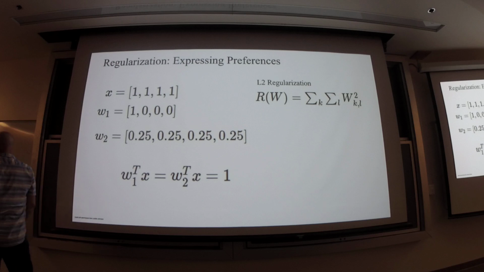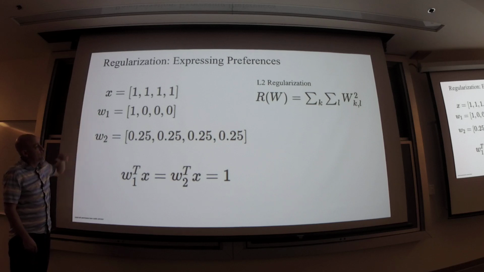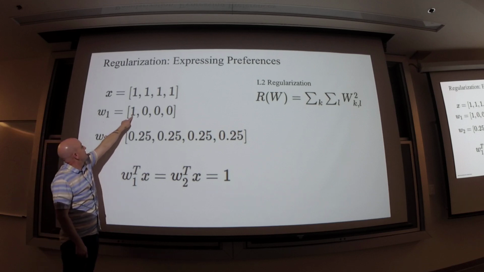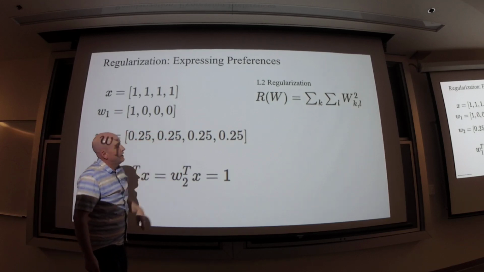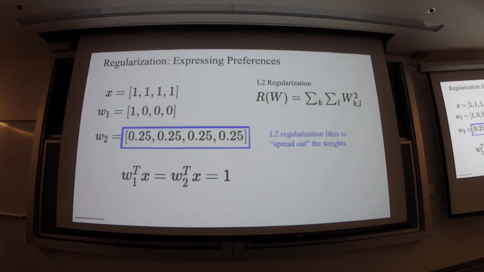Let's say that we have an L2 regularization term. Which of these two choices of weights, which give us exactly the same score, does this L2 regularization term prefer? Which one gives us a lower score? Yeah, exactly. In this one here, you'd get a 1, because you square the 1 and all the rest give you 0.